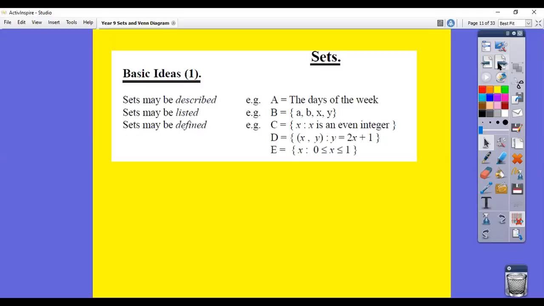These are things we've already seen before. Just be careful that you know sets can be described, listed, or defined, so there's a common rule for why we've categorized them in these groups.